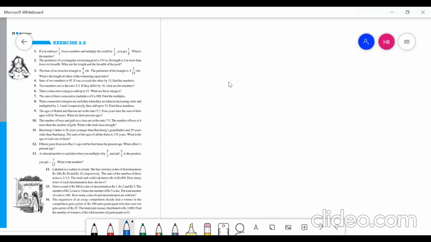Question number 10 says the number of boys and girls in a class are in the ratio of 7:5. So what is given to me in the question? That the ratio of boys to girls is equal to 7:5.